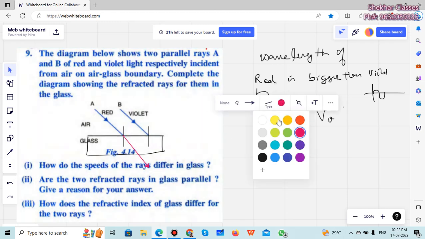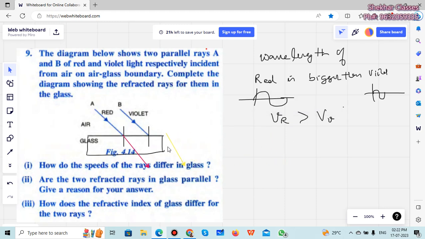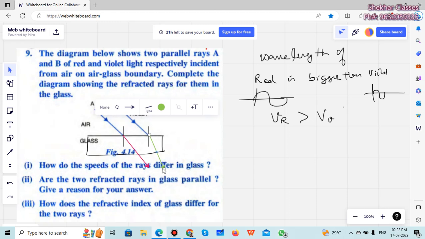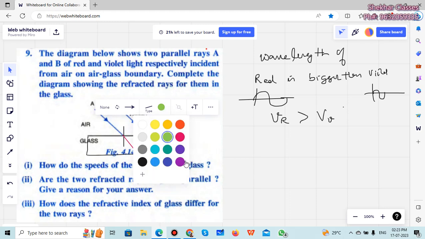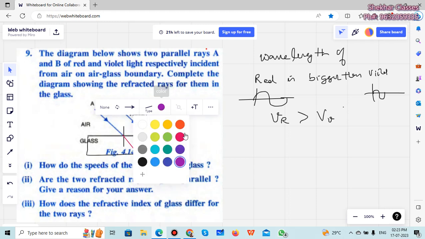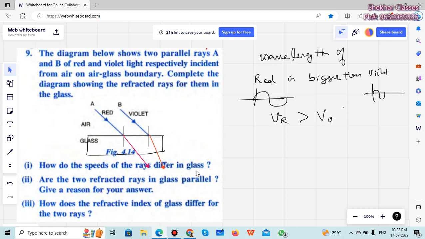Because it has got less speed, right? So violet has less speed and will bend more in this case. You can see it bends more here.